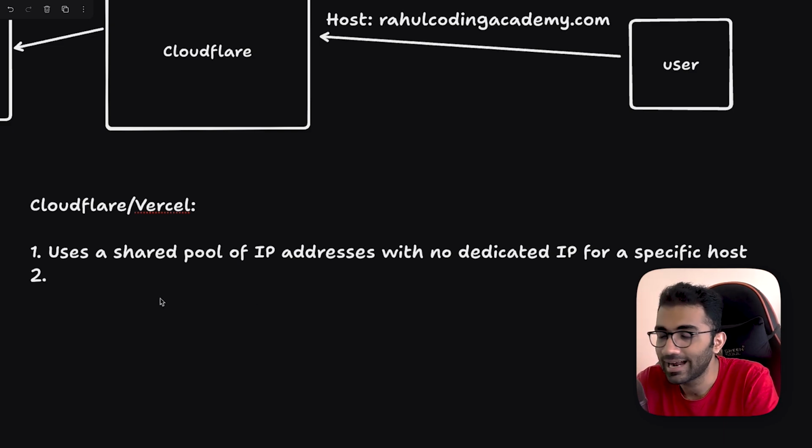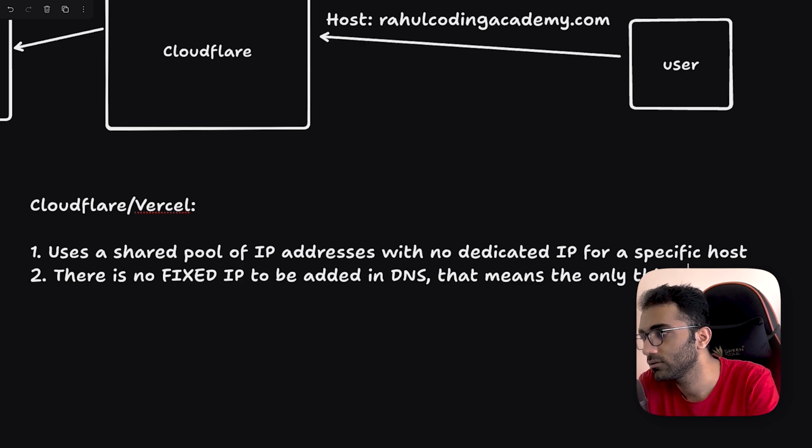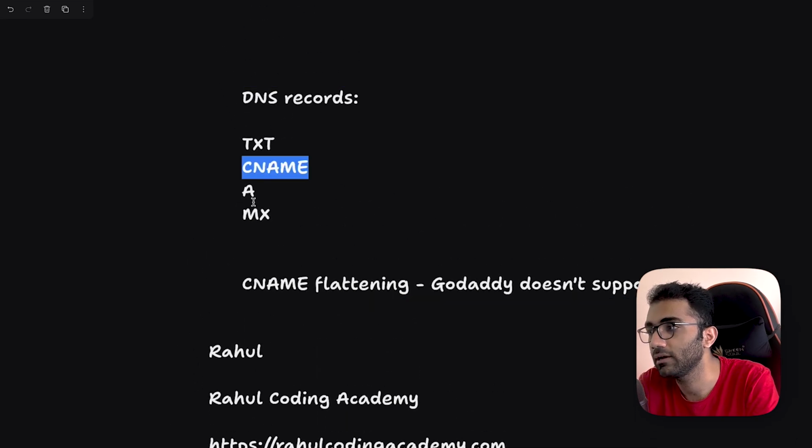The second thing is that once this is done, there is no fixed IP to be added in DNS, which means the only thing you can do is add a CNAME record. Just to reiterate, we haven't talked about the difference between an A record and a CNAME record.